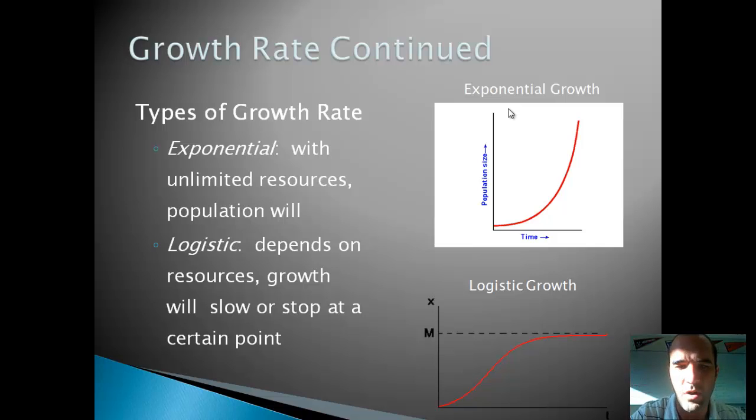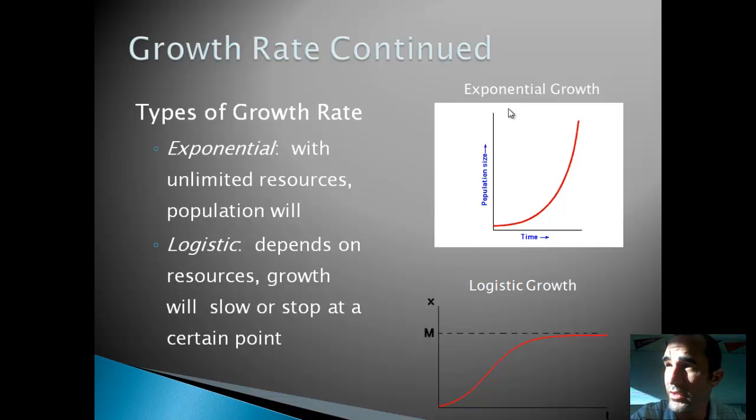So a little bit more on growth rate. We're looking at two types of curves that can help to describe growth in almost any type of population. So we could look at bacteria growth rate, and look at population size over time, or you could look at rabbits and look at the population size over time.